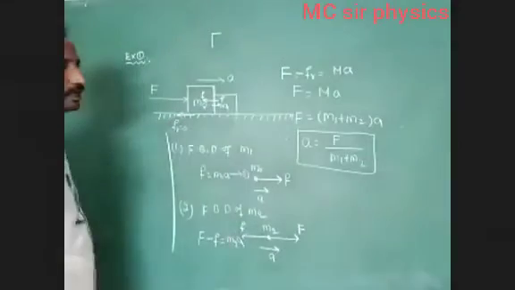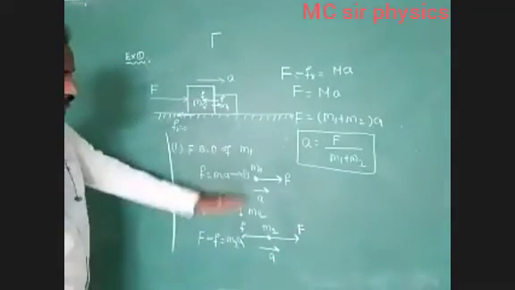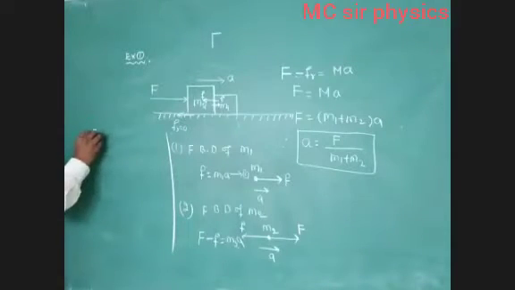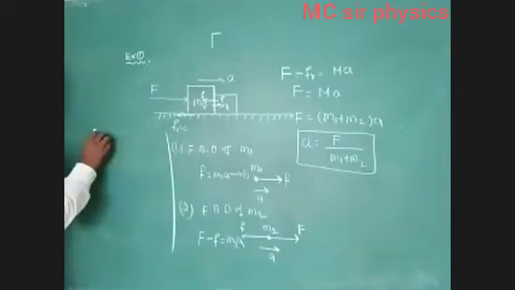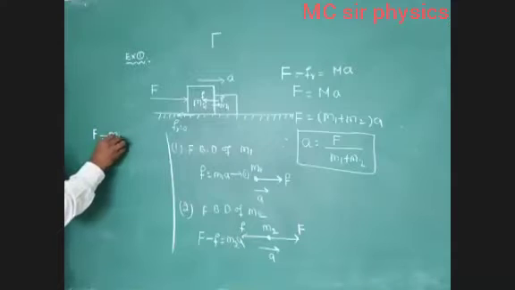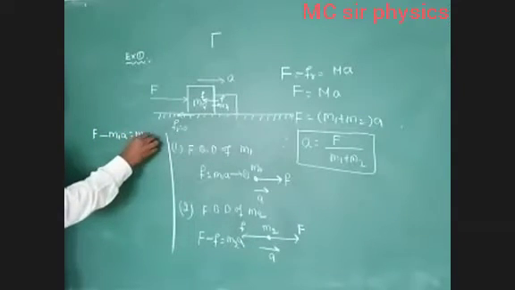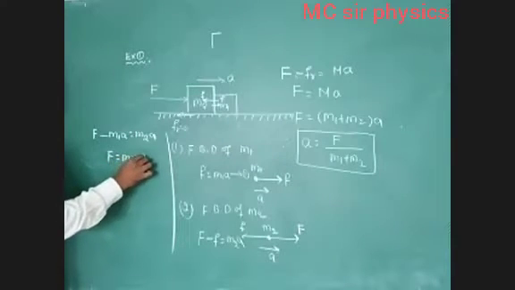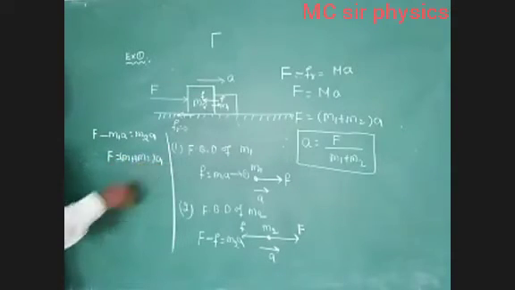You can calculate directly with that method, or we can use the free body diagram. The applied force F minus small f, where small f equals M1 A, equals M2 into acceleration. So the applied force equals M1 plus M2 into small a.